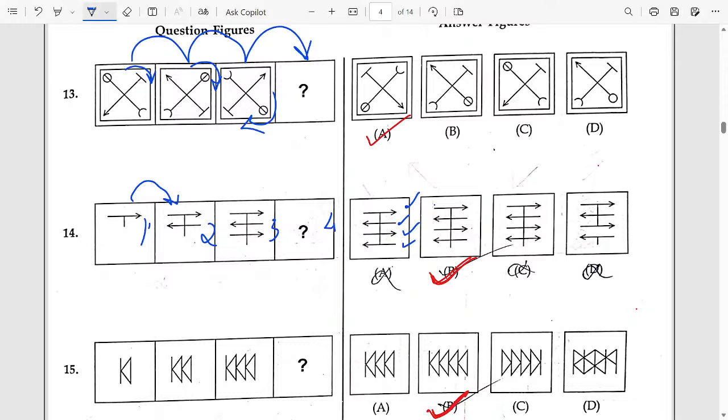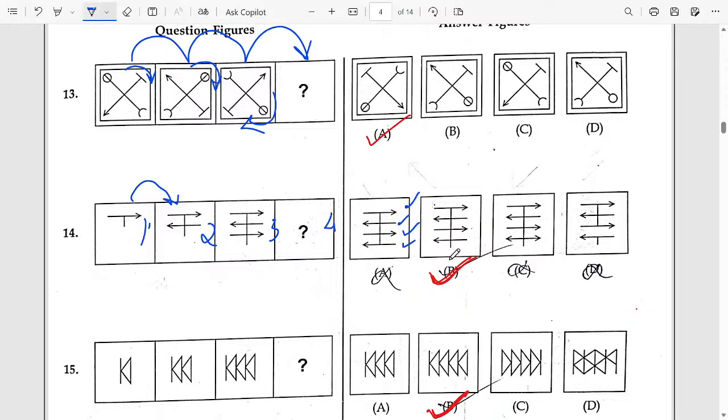So here, will it be B or will it be A answer? If you see what is happening in the first, after the arrow there is an extra vertical line. So here also extra vertical line, here also extra vertical line, so here also an extra vertical line will come. So everywhere there is an extra vertical line, and that extra vertical line should be there, right?